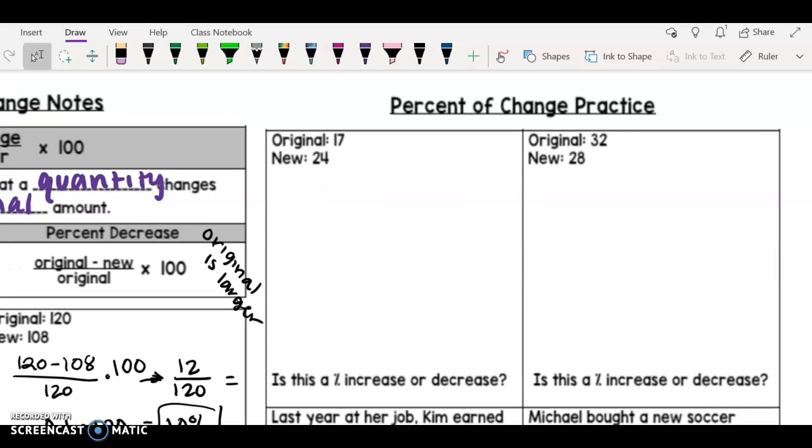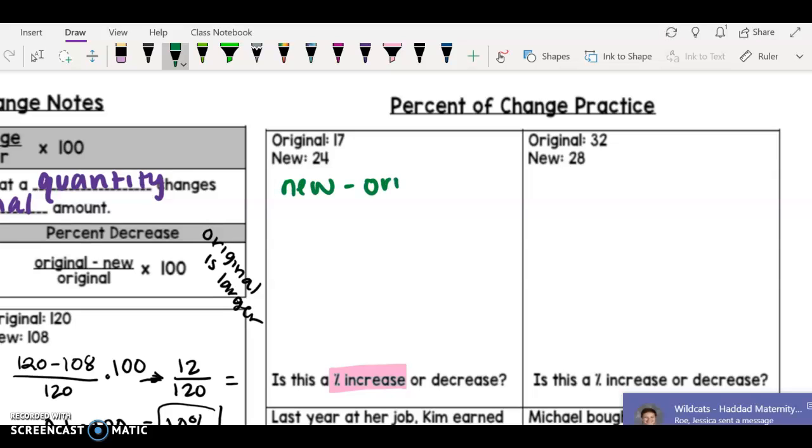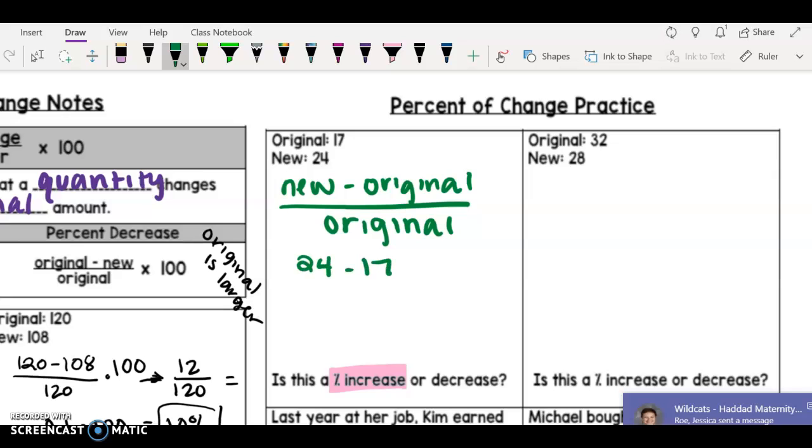So we are going to have an increase, which means I'm going to do my new minus my original all over my original. So I have 24 minus 17 all over 17.